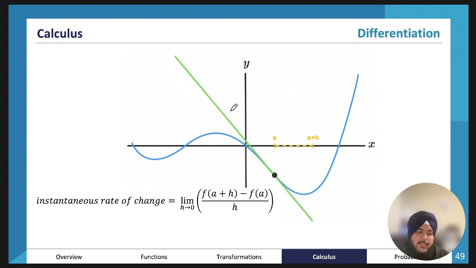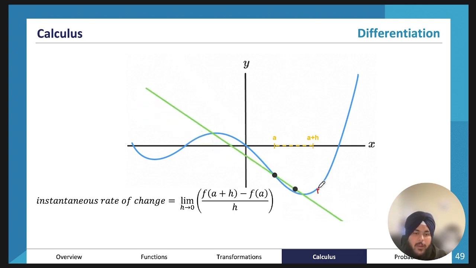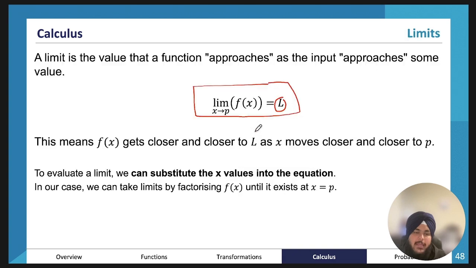But what we're doing here is, let's say we want to determine the instantaneous rate of change, so the rate of change at that particular point, for x equals a. So we might work out the gradient just how we normally would. We let the distance between a and another point, a plus h, so a plus an arbitrary number, and find the gradient. It's going to be f of a plus h, whatever the y value is at that point, minus the y value at a, f of a, over the point a plus h, minus a.